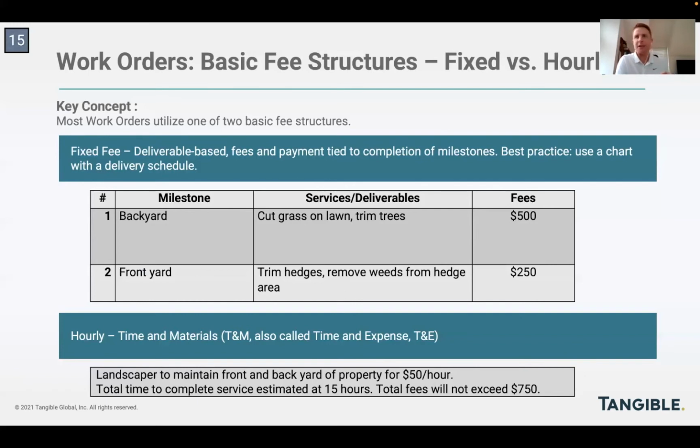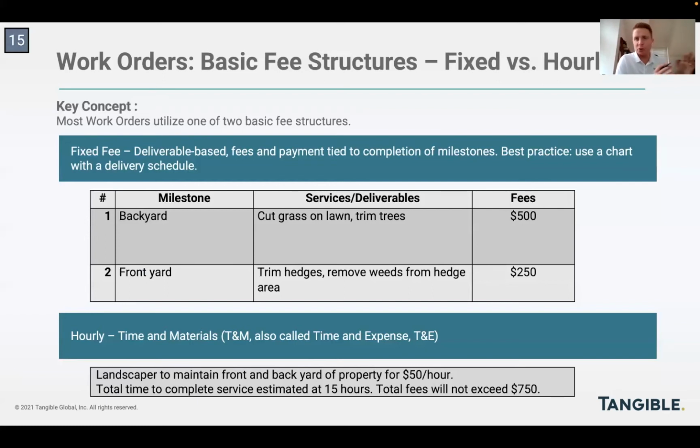So you'll see it's the same services, it's the same price, but it's just structured differently. And there are benefits and drawbacks to structuring a transaction as a fixed fee or as an hourly engagement, both for the buyers and the sellers.